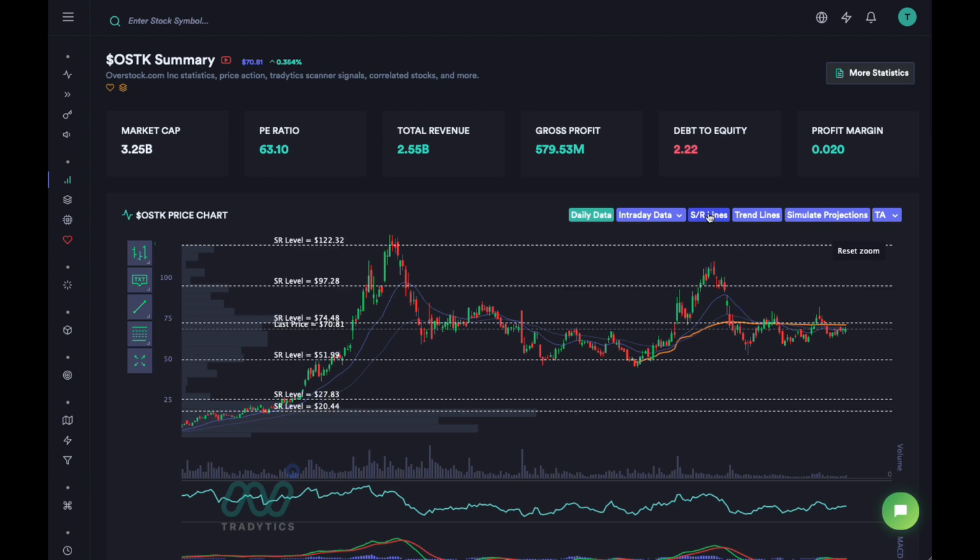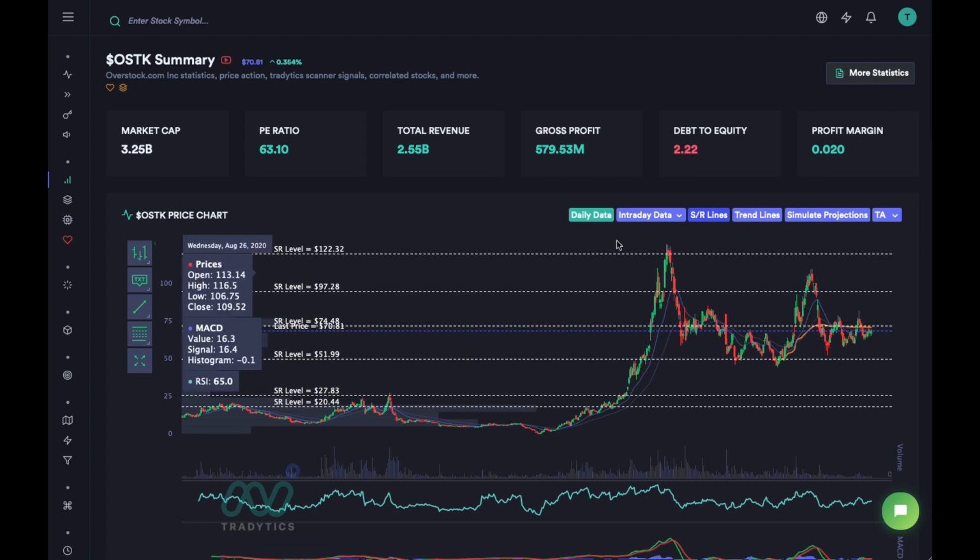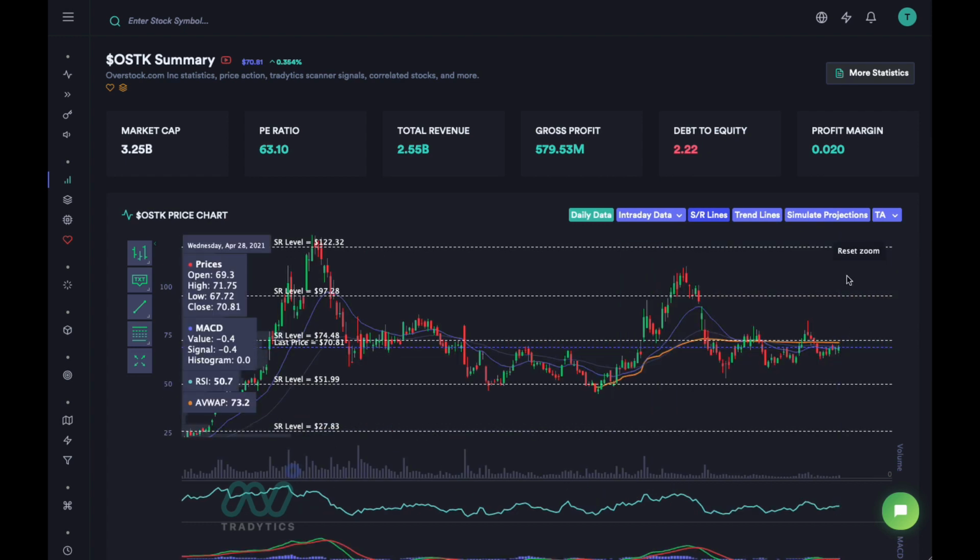Let's click on the SR lines. Okay, so the price action and the options flow are both bearish, and if you are somewhat familiar with support and resistance lines, you might be able to figure out why. Right now we are at a resistance level, which is what this white line is.